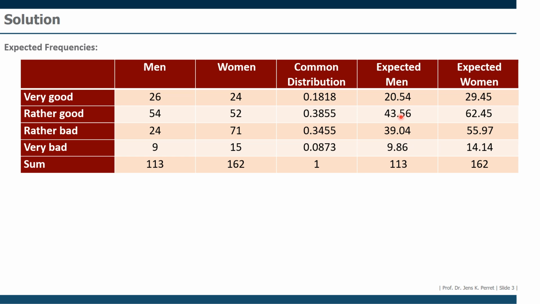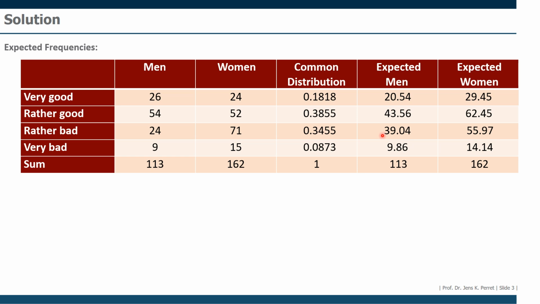Here, this one, for example, rather good for men, I'm going with 0.3855 times 113. For the women, 0.3855 times 162. Then, the result is I have the actual numbers for men and women, and I have the expected numbers for men and women, and I can compare them. Do these frequencies actually meet these expected frequencies, or are there significant differences between them?